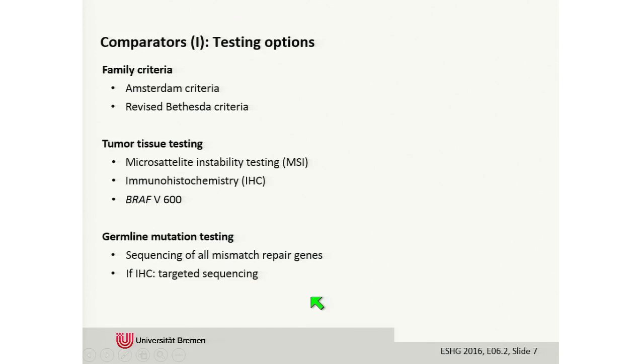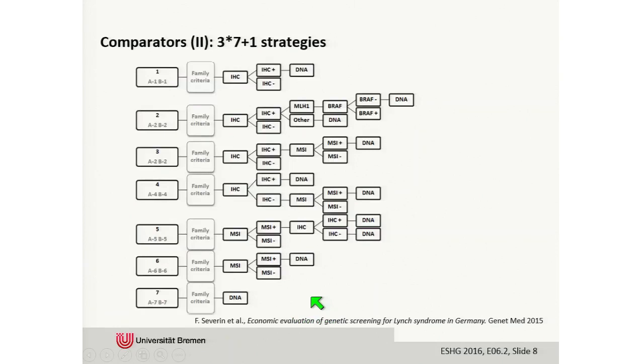And third, there are different ways you could do the germline genetic testing. You could either sequence all mismatch repair genes, or if you've done IHC before, you could only sequence those where you can expect that there is a defective gene. If you combine those strategies, you arrive at a huge number of different comparators in your study.